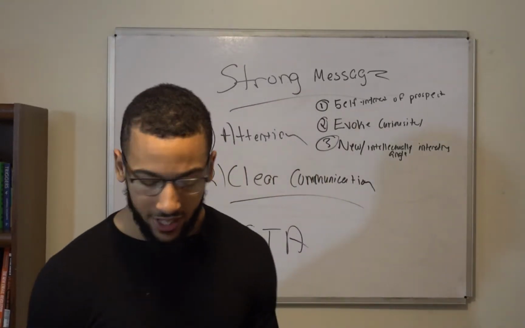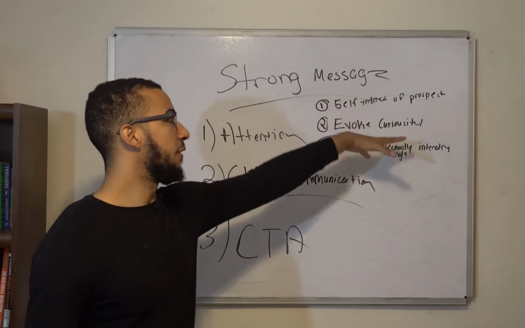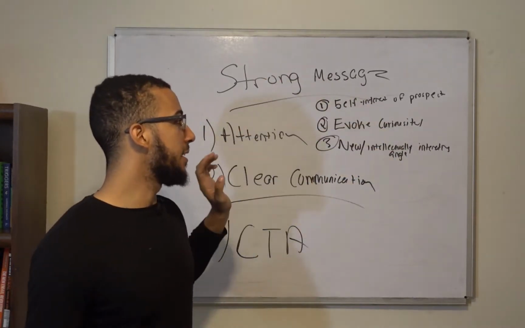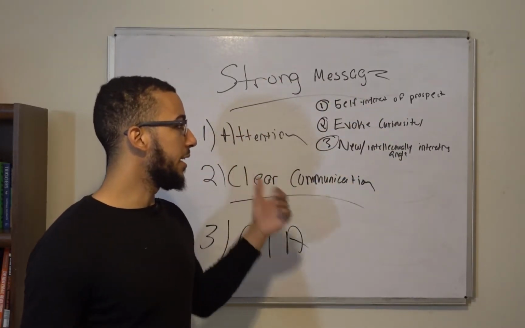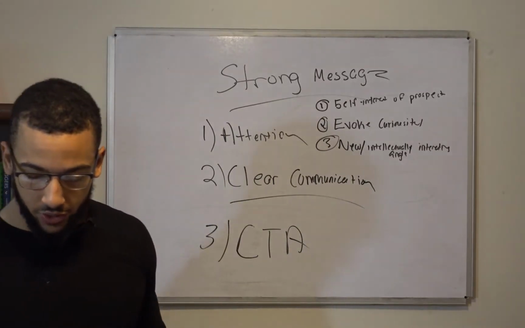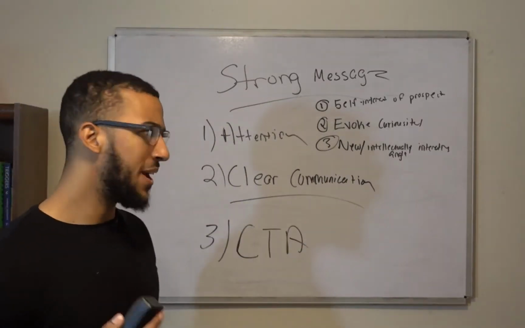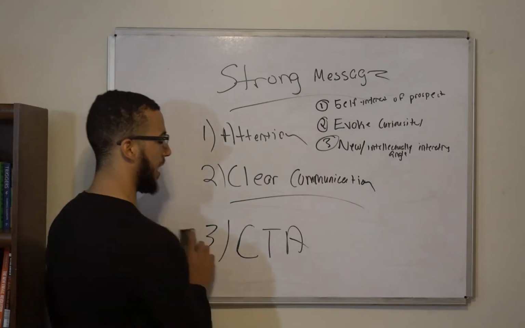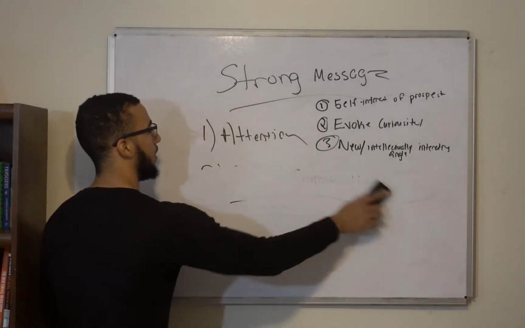So, okay, how do you use this stuff? Self-interest of prospect, evoke curiosity, new intellectually interesting angle. How do you use that, right? Well, basically, when you're creating your headline, I'm going to erase this really quickly.